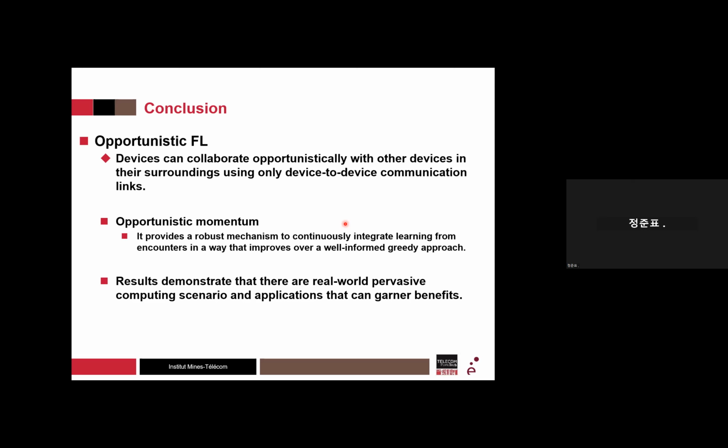It provides a robust mechanism to continuously integrate learning from encounters in a way that improves over the well-informed greedy approach. And their results demonstrate that there are real-world pervasive computing scenarios and applications that can garner benefits.